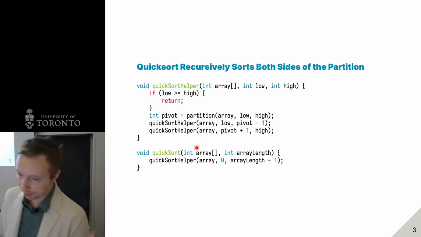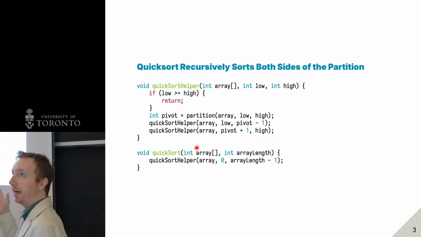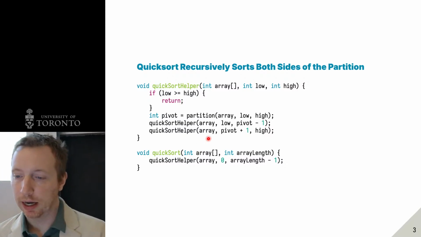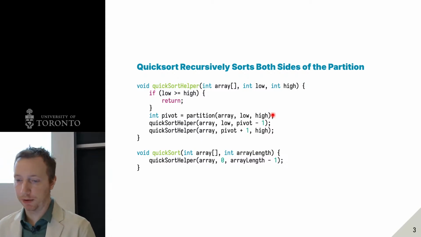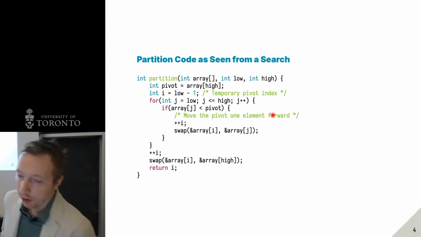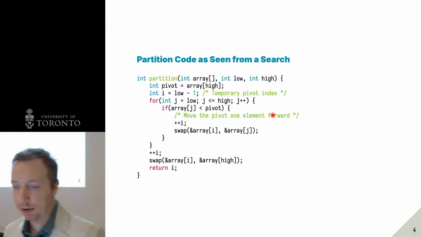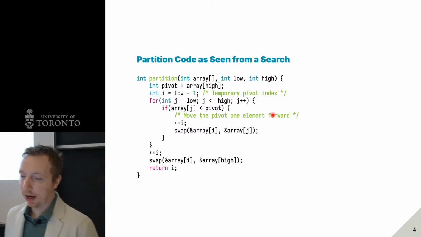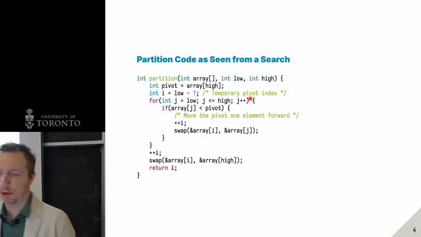So again, I showed you this code. This is the recursive, kind of easy to understand part, and all the nitty-gritty details are in this partition function. So one implementation, if you look it up on Wikipedia or something like that, you'll probably see this as the algorithm, which has a lot of really weird things going on.